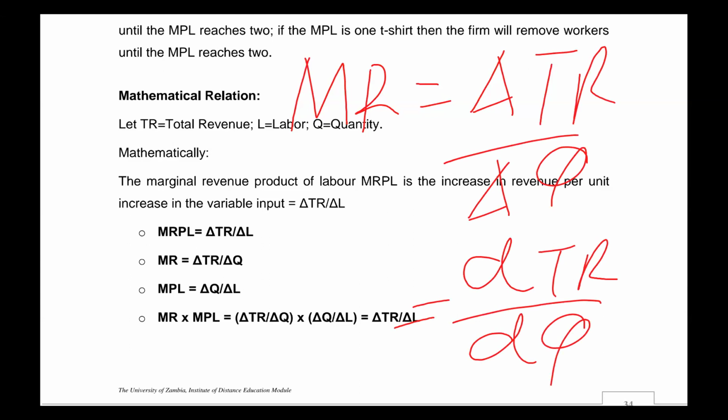The marginal product of labor is likewise found by differentiating the total product. Let me put P to represent the total product of labor. The total product of labor that we are given should be differentiated with respect to output, and that gives you the marginal product of labor.